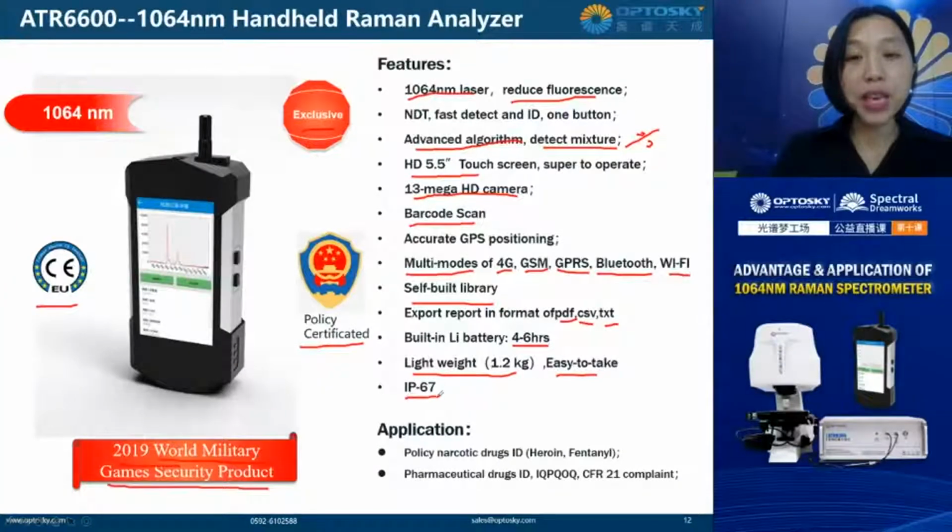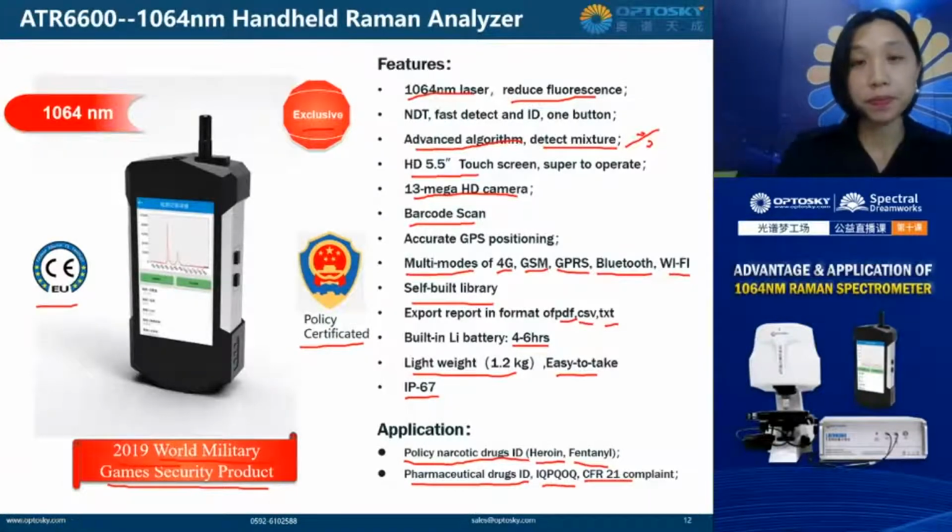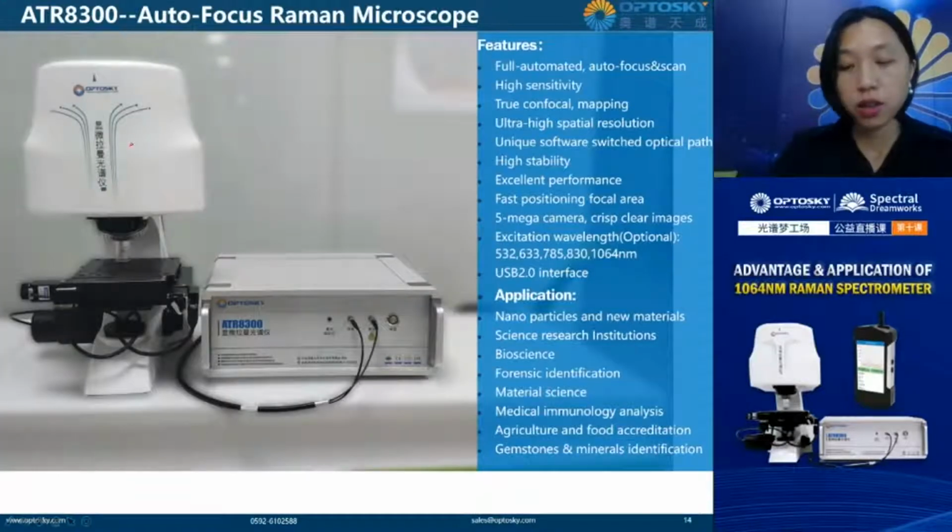And we have IP67. All these features make this handheld Raman analyzer one of the most popular instruments in the world. They are applied not only to narcotic drug identification, typically heroin and fentanyl, but also to pharmaceutical drug identification, because we are also fully 21 CFR Part 11 compliant, with IQ/PQ/OQ.